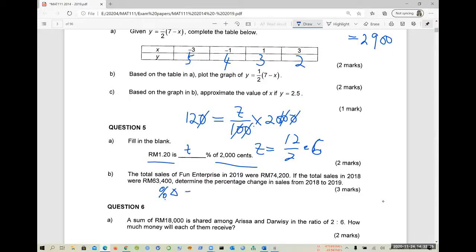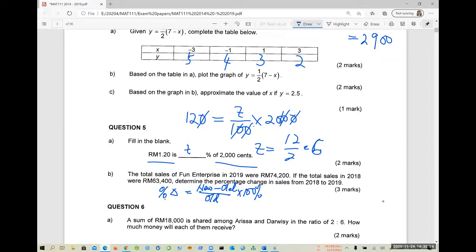It is equivalent to the new value minus old value, divided by old value, and then multiplied by 100%, right?